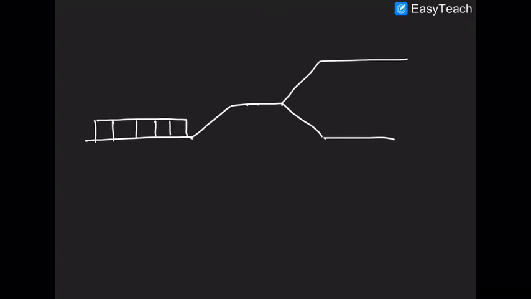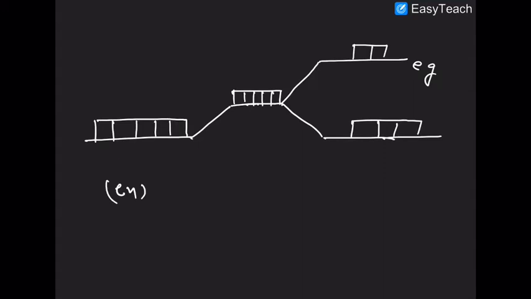Okay, sure. Now look at it. According to the CFT, what will happen when the 5 orbitals undergo splitting? That is the eg level and that is the t2g level. In case of en, the CFSE is greater than the pairing energy.